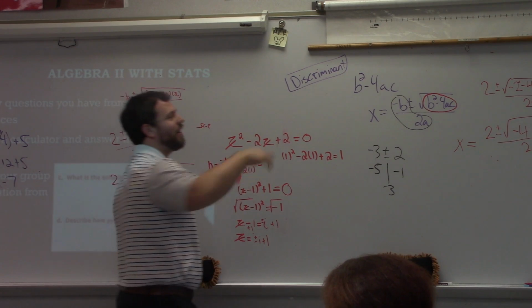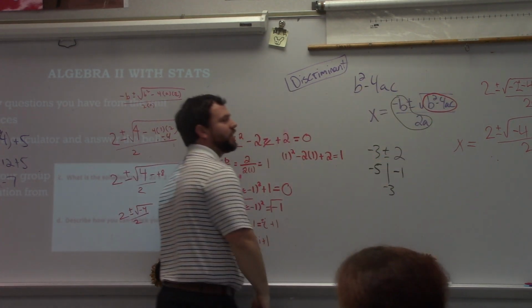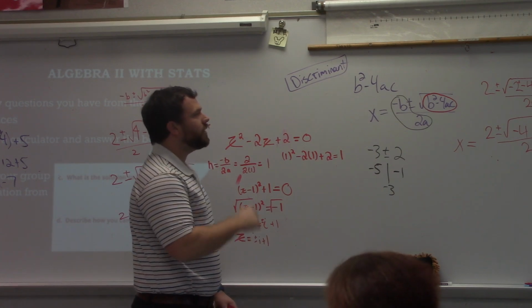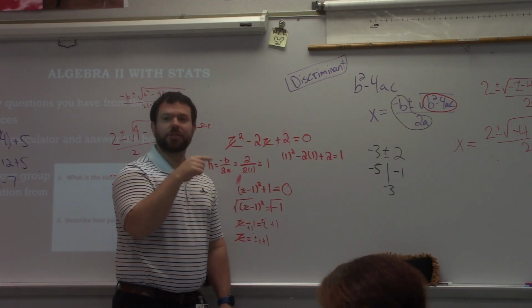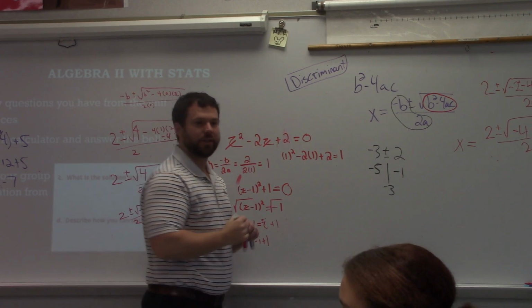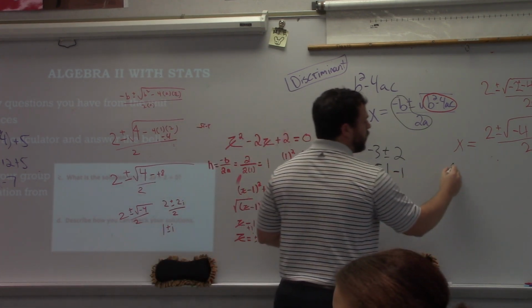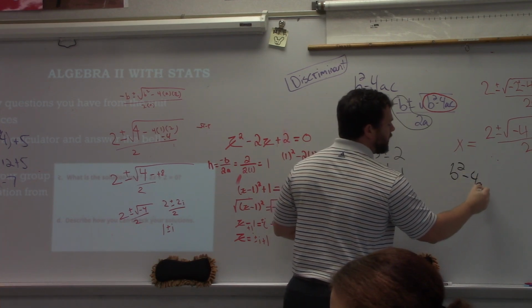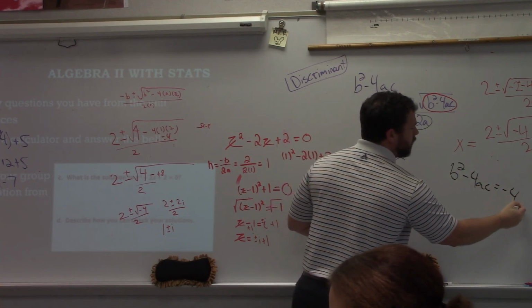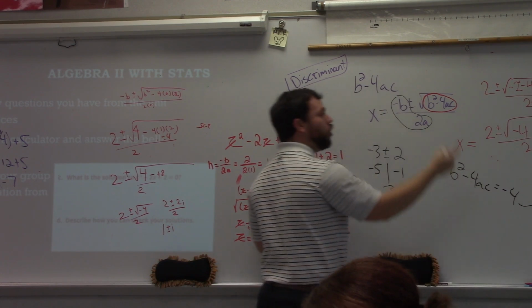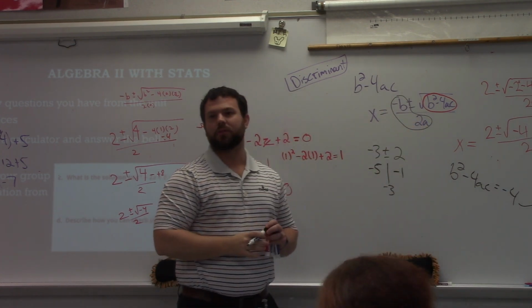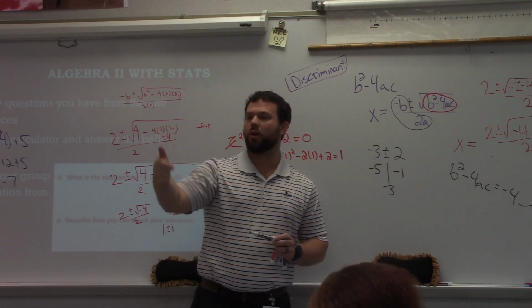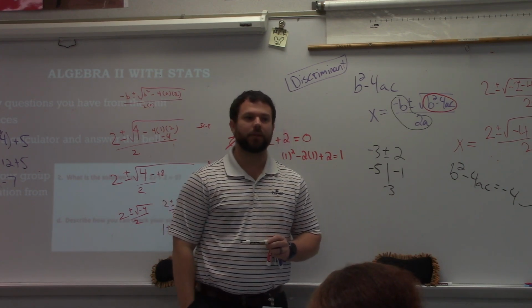All right, so we got our H here. We're adding and subtracting those things. Now, the reason why they asked you to look at your discriminant, I want you to think about this. In this problem, b squared minus 4ac was -4. By knowing that the discriminant, that radicand, was -4, what do you know about that quadratic or about your zeros?